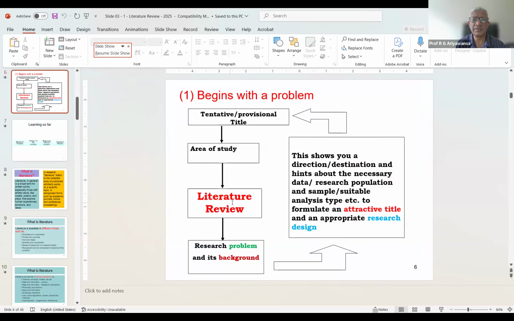Literature review is heavy work, and you have to do it in a systematic way, patiently and meaningfully. I think the facts I gave will help you to work in a proper way. Slowly you can improve.